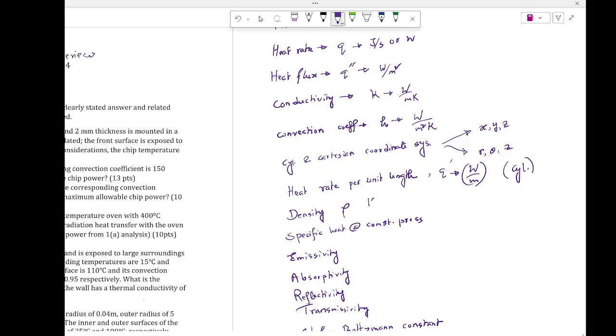Density is rho. Everybody knows density, so I don't want to ask this. Specific heat. What is the symbol we use? Cp, Cv, or C, right? So usually we use Cp. You guys remember that? Cp means what? Specific heat at constant pressure, right? Cv means specific heat at constant volume, and C means a constant specific heat for constant pressure or volume.